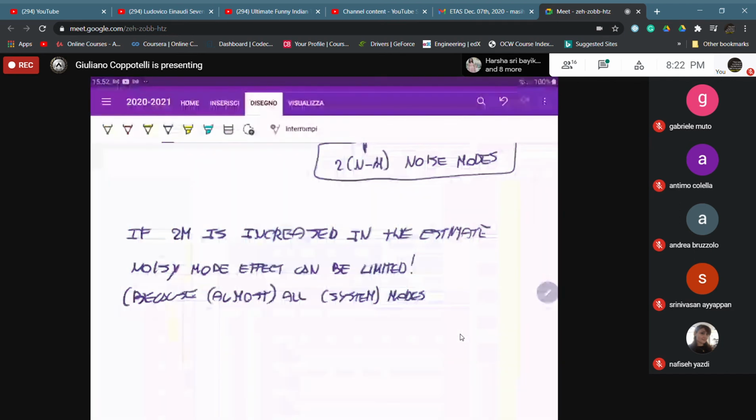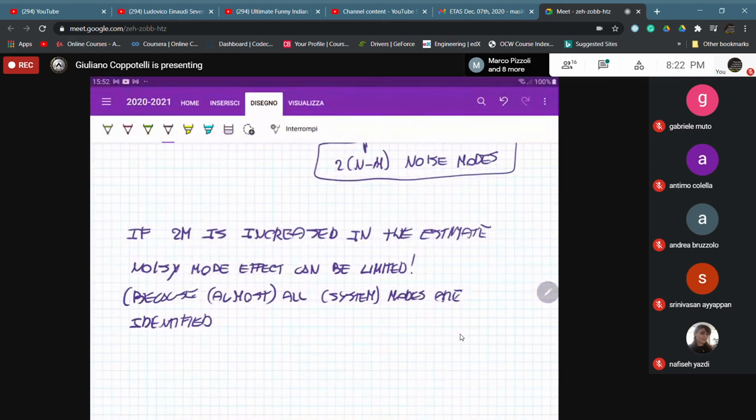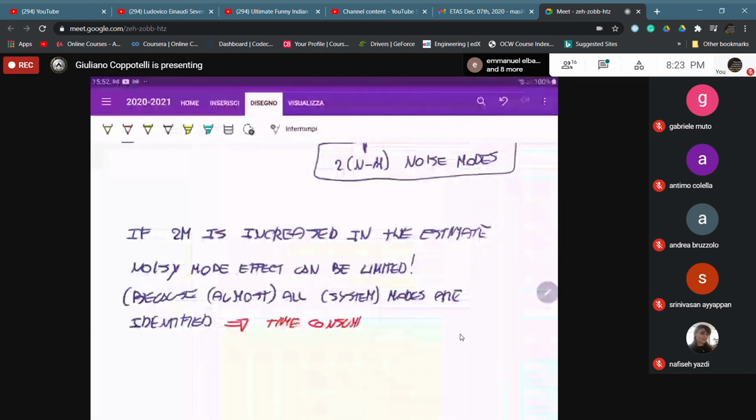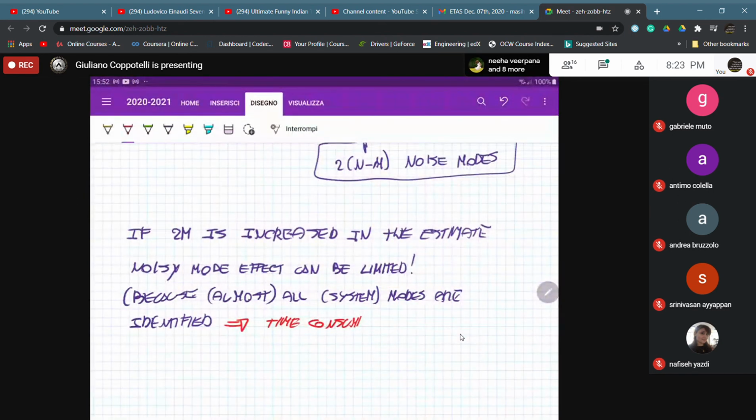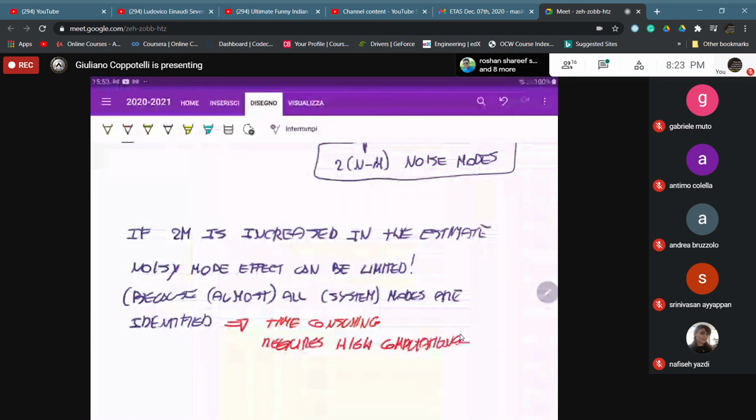Okay, however, this way of tackling the noise problem is very time consuming and requires a high computational cost.